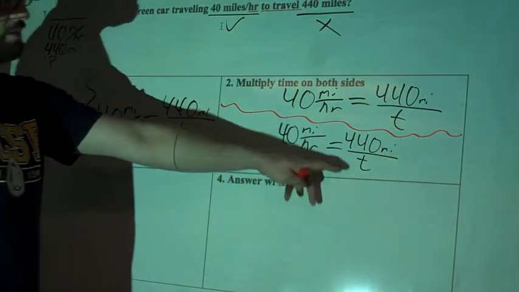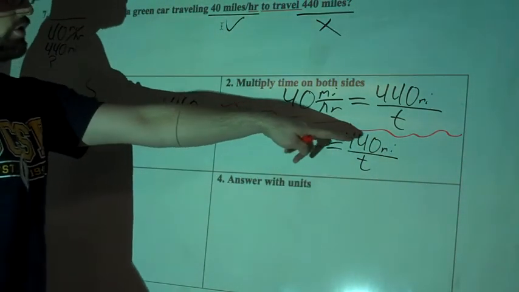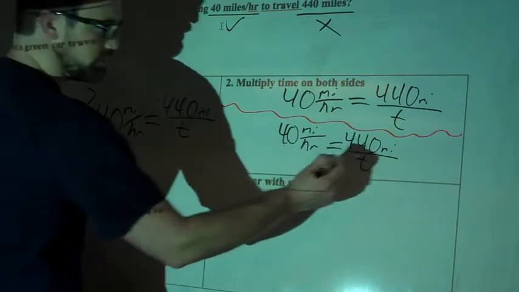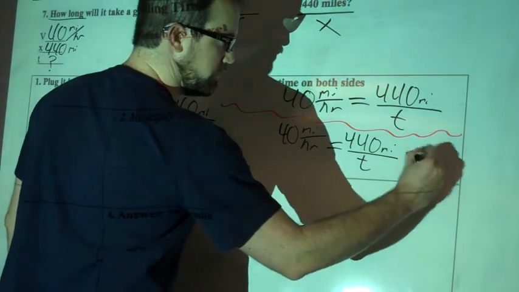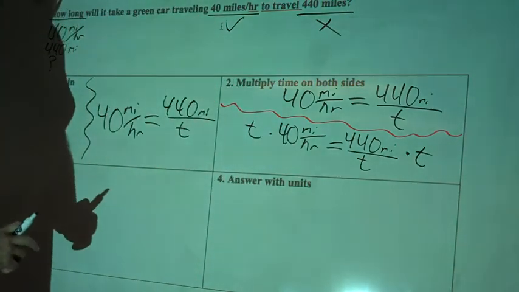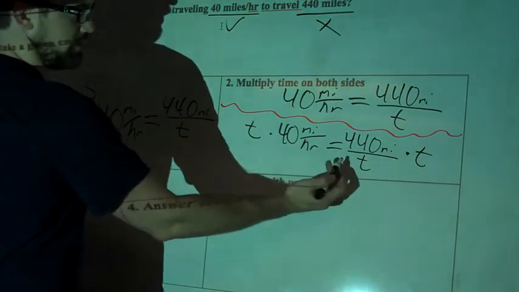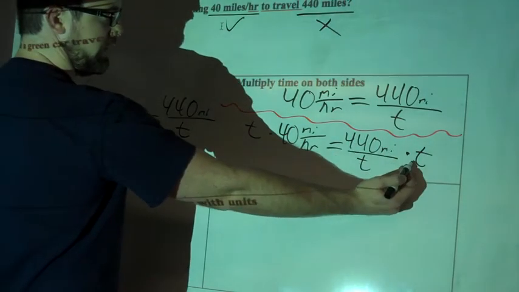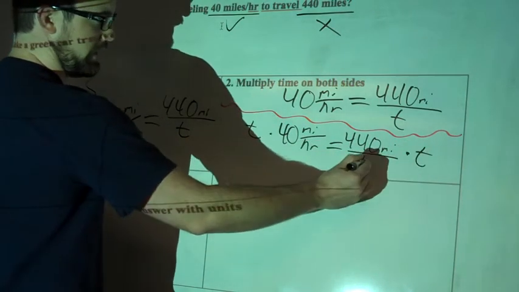Because I want to get time up to the numerator instead of on the denominator, I'm going to multiply by t on both sides. What's going to happen over here is the 440 miles divided by t and the t on the top are going to cancel out.